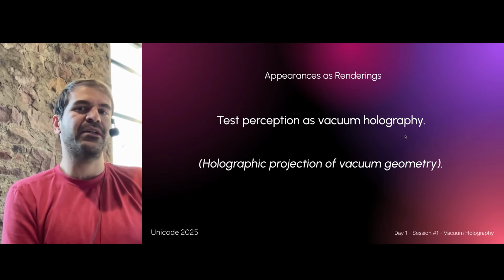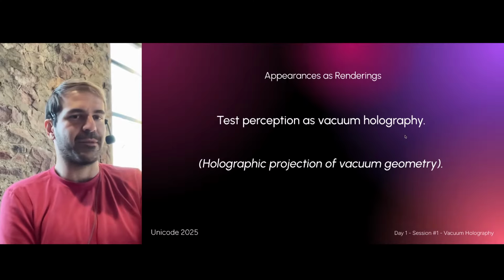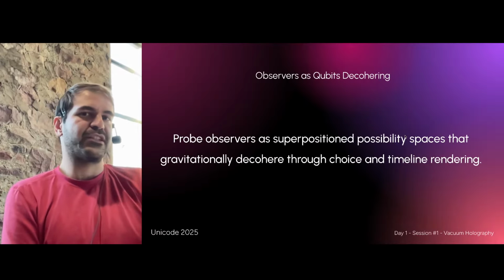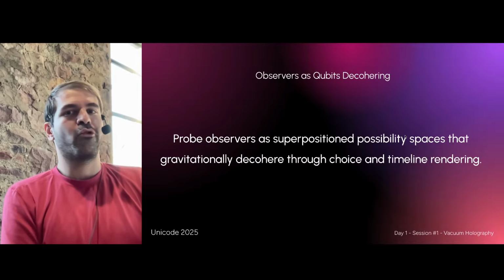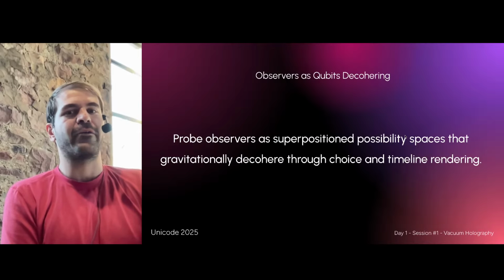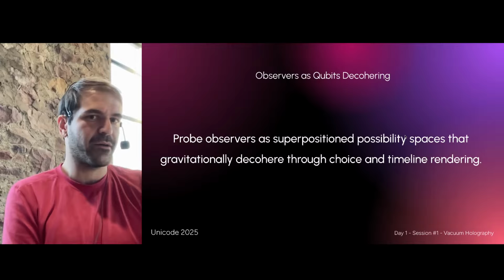Appearances as renderings: test perception as vacuum holography, so a holographic projection of vacuum geometry. Observers as qubits decohering: probe observers as superpositioned possibility spaces that gravitationally decohere through choice and timeline rendering.